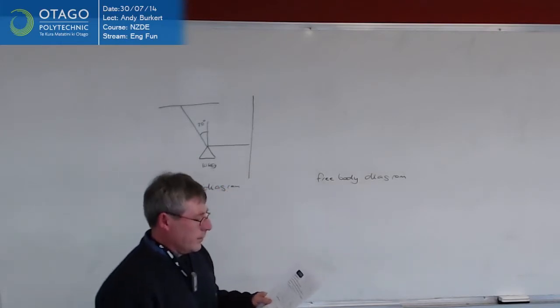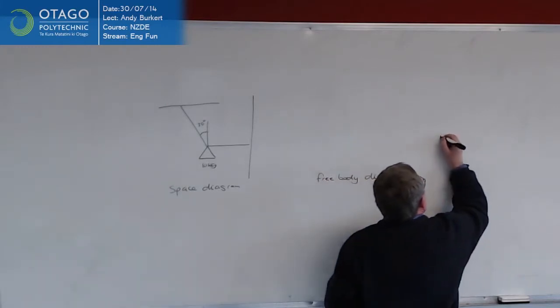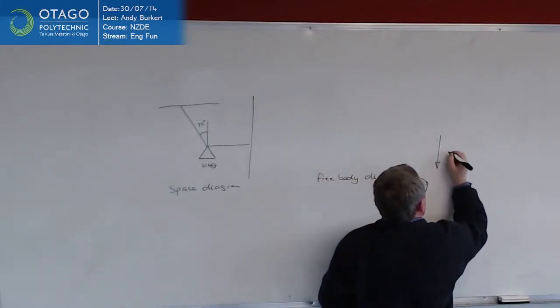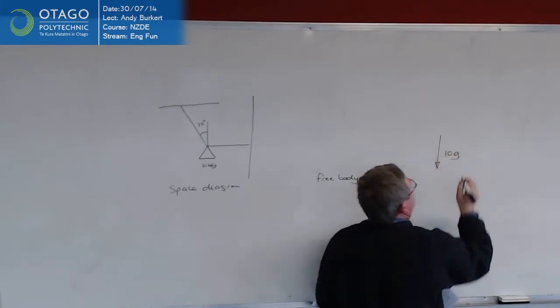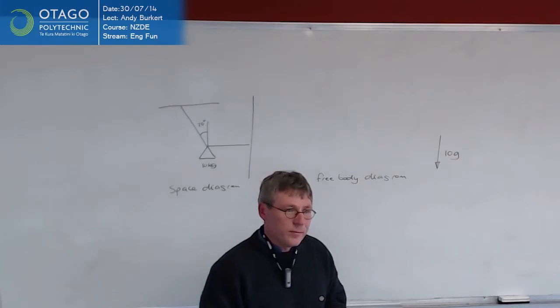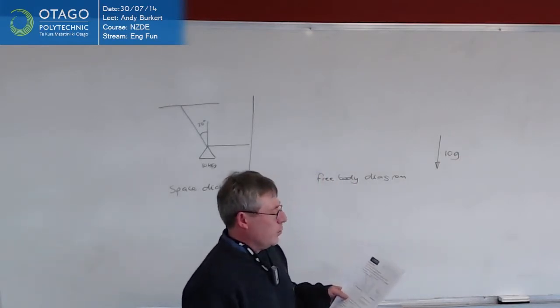Okay, so we'd have the weight down. So that would be the 10g, because weight is mass times g. And then what have we got?